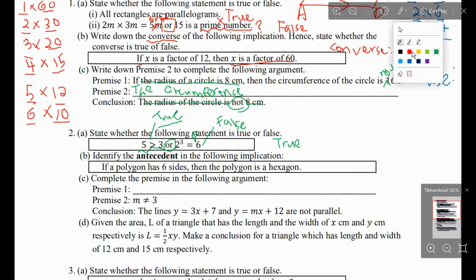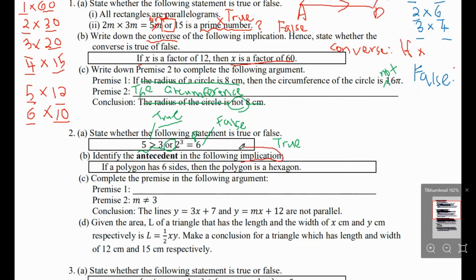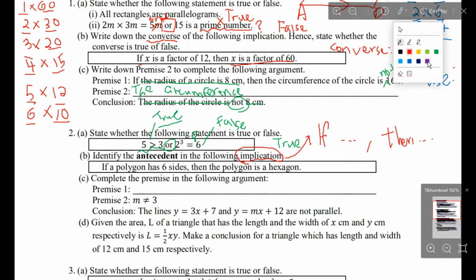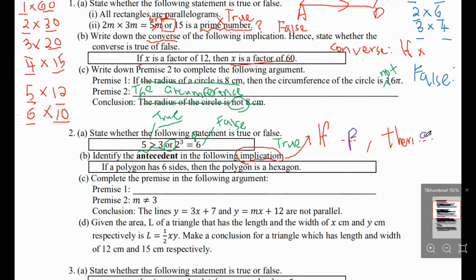Identify the antecedent in the following implication. Okay, so what is the meaning of implication? Implication, the format is if ... then ... Okay, or we say that if P then Q. So P here is the antecedent and Q is the consequent.